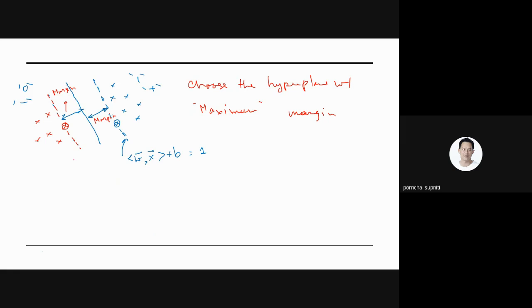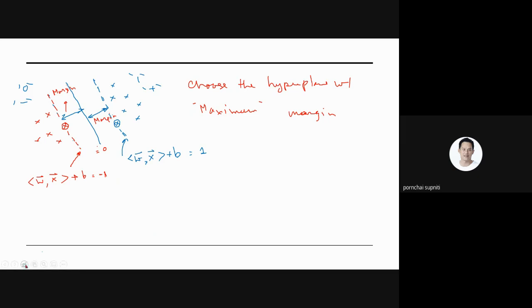For the line that intersects with the support vectors on the left hand side, we can write it as Wx plus the bias, but instead of equal to 0, on the right hand side we can set some positive value, for example plus 1, and on the left hand side we can put a negative value, let's say minus 1.